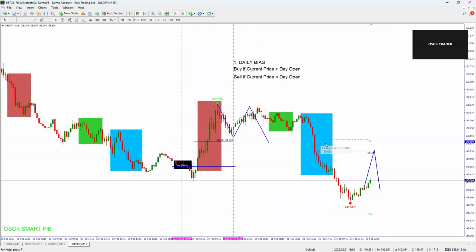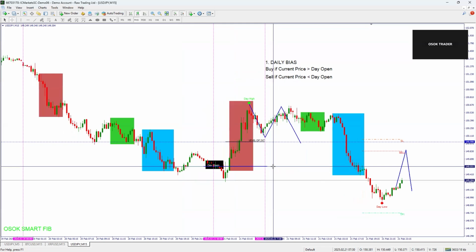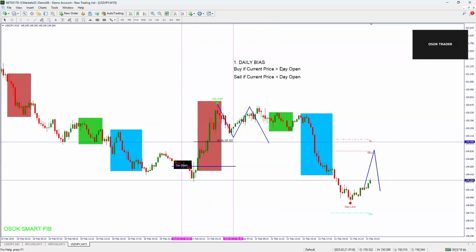Moving right along, price now goes below this level, and we know what happens when you go against this level. The logic says you sell if the current price is less than the daily open. The daily open is here and now price is supposed to sell.